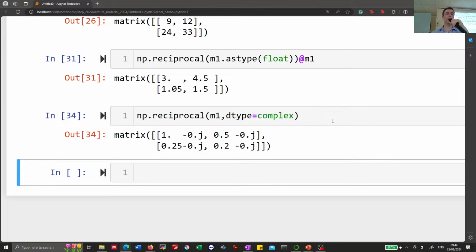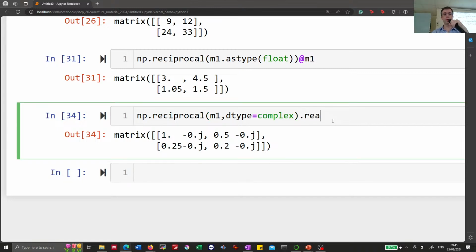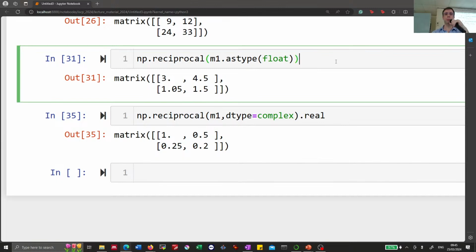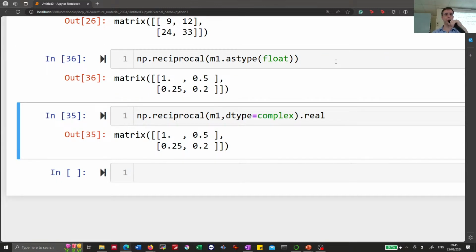But if you're like, hey, all my j's are 0, then you can just look for the real part by putting here the attribute real. And there we go. And this is the same as above if you remove the matrix multiplication. So again, there are many ways to get to the correct results, right? You just need to find one. So far, so good?